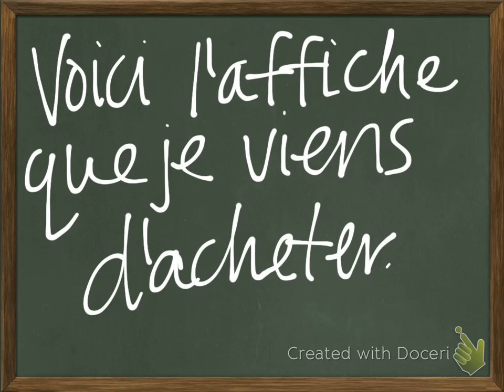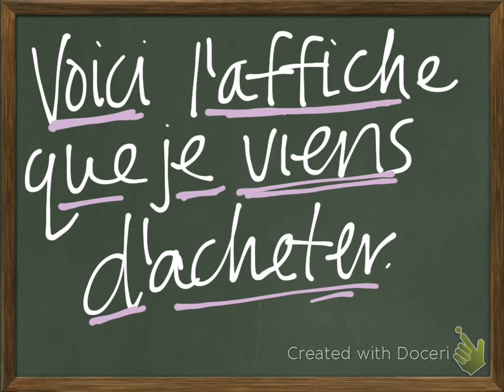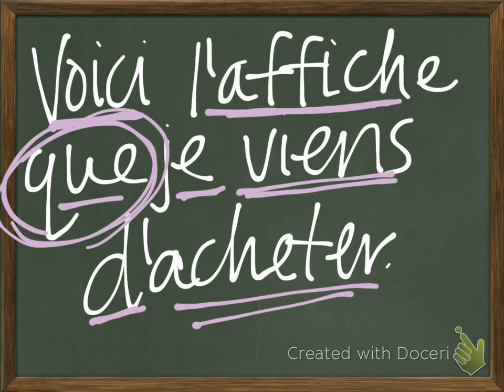We've got here is the poster that I just bought. Okay? In English, however, we can translate it, here is the poster I just bought. We don't have to say that in English. In French, we must use que. It's not an option.